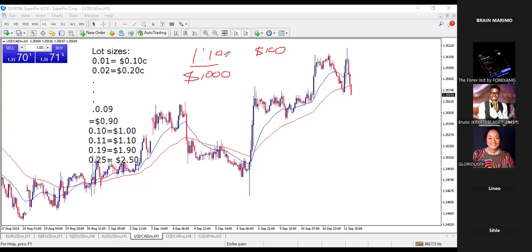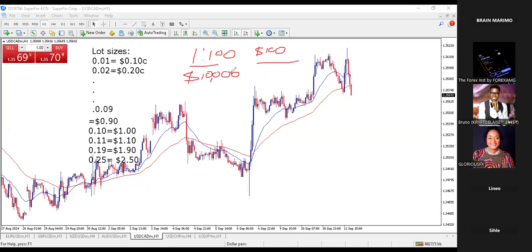If your leverage is 1 to 100, 100 times 100 is $10,000. Now you can open positions with $10,000. That's the beauty. You see the earning potential here with just a small account. I think you get the point, right?